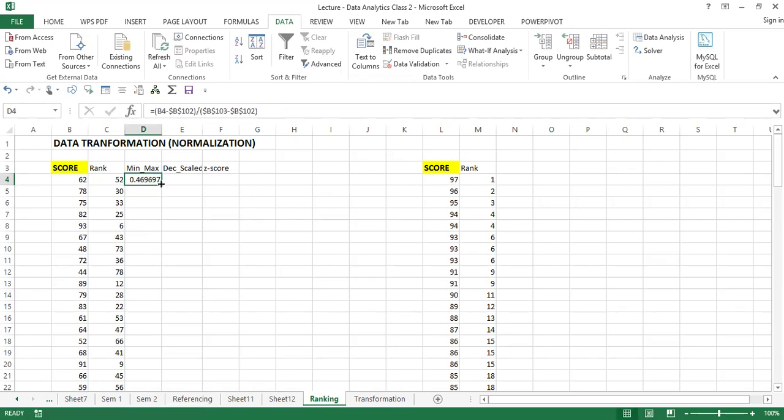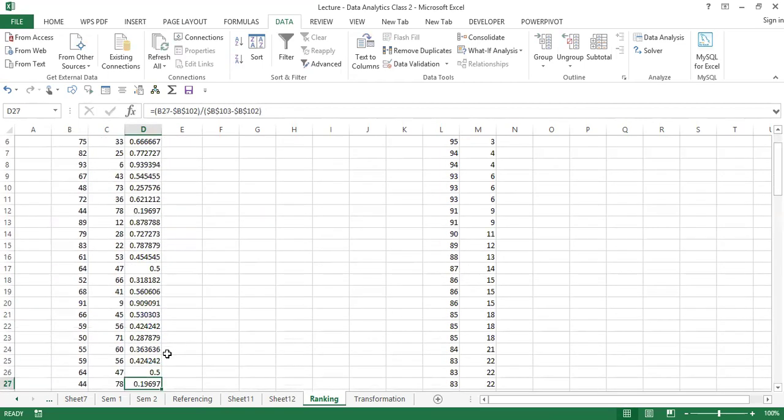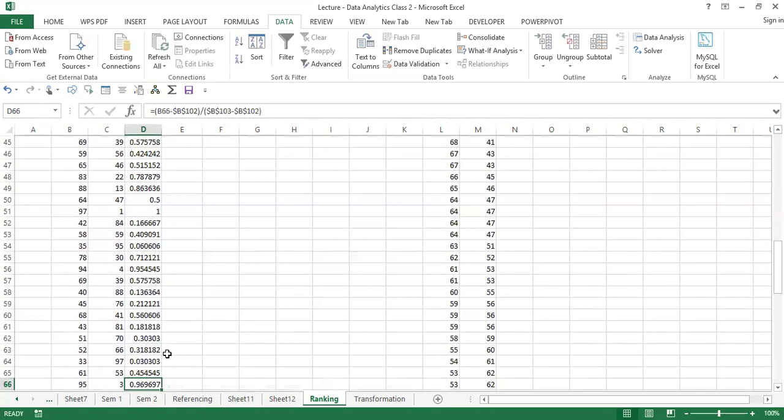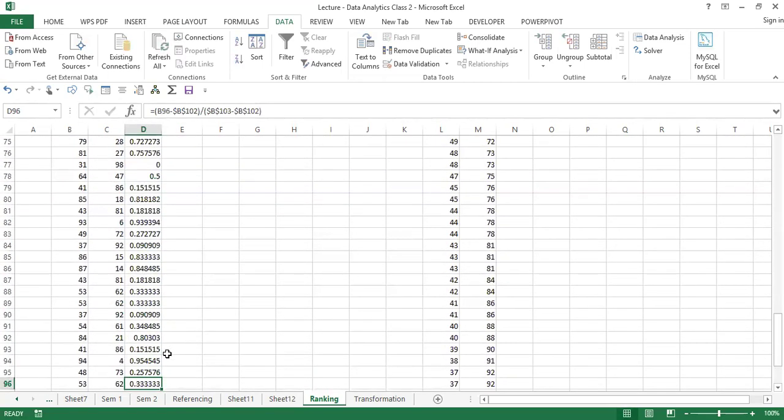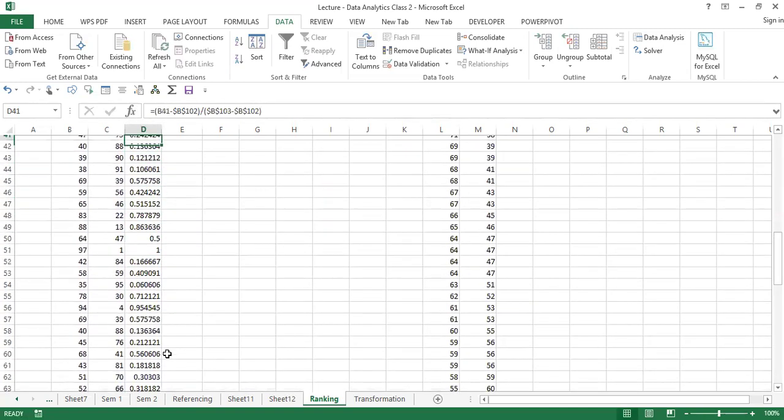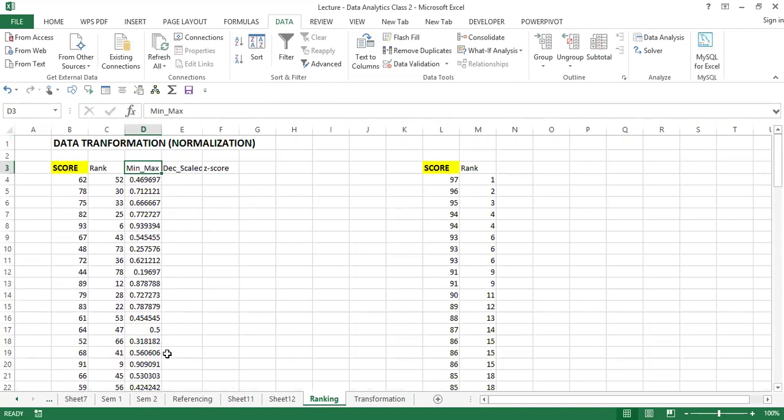Then you copy this down. Okay. So that's how you do your min-max transformation. You can see the minimum number is 0 and the maximum number is transformed to 1. All other numbers are in between 0 and 1.